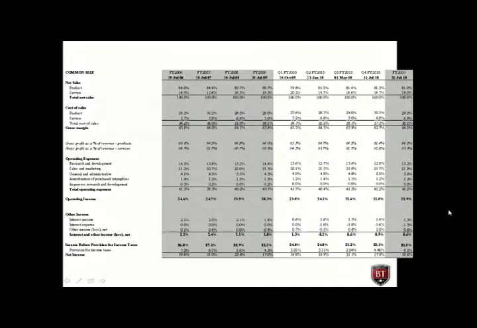And you can also see items like R&D. 14.3% of your revenue was spent on R&D in 2006. And that number varied between 14.3 down to about 12.8, back up to 14. So you get a sense of the fact that the company is spending somewhere between 13 and 14% on R&D.